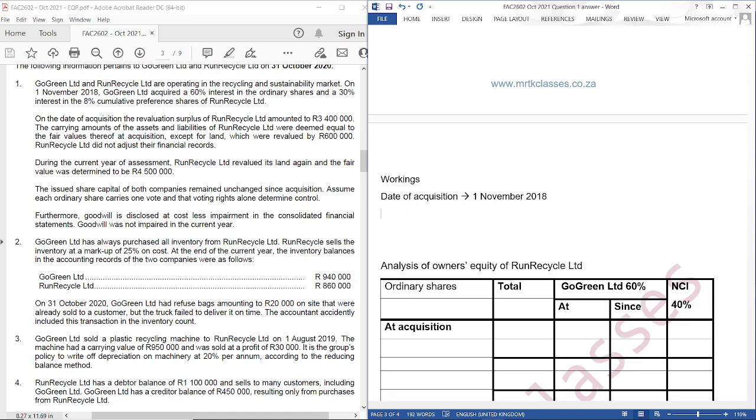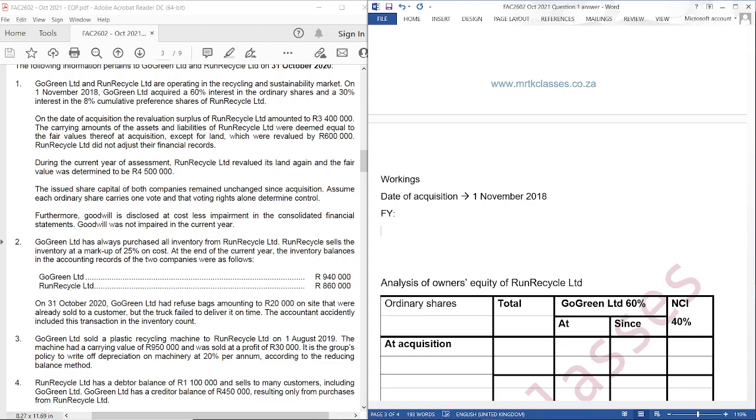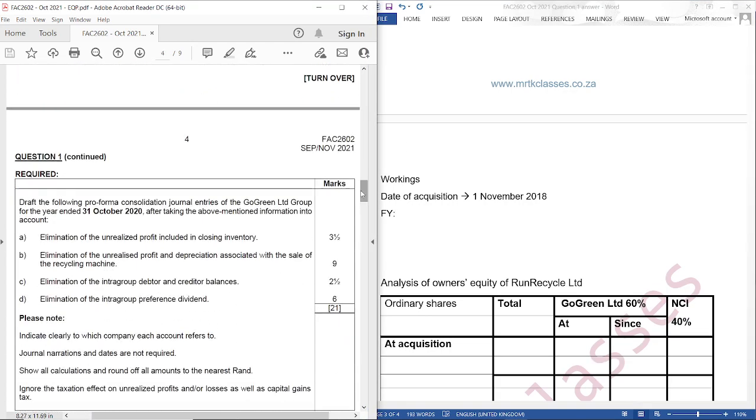All right, financial year. Our financial year is as follows. We can see our financial year ends 31 October 2020.